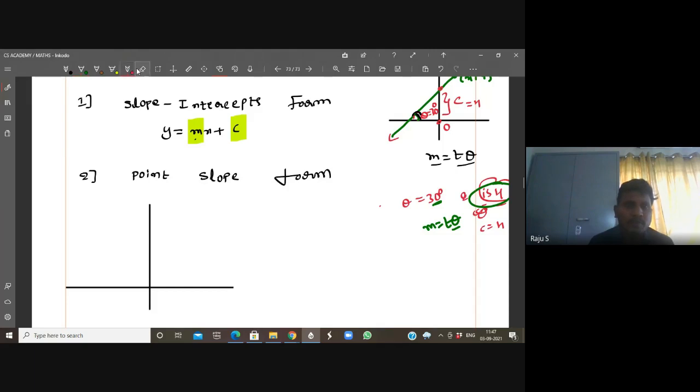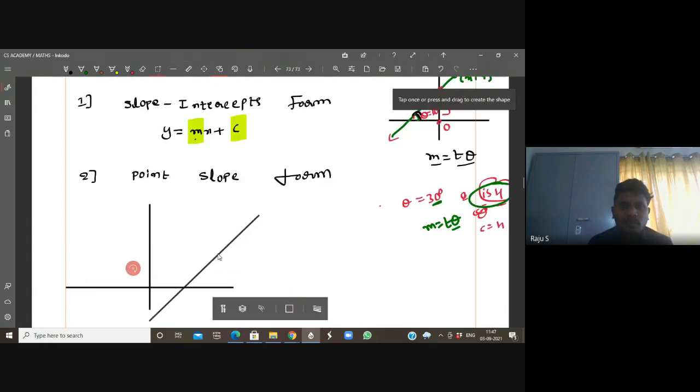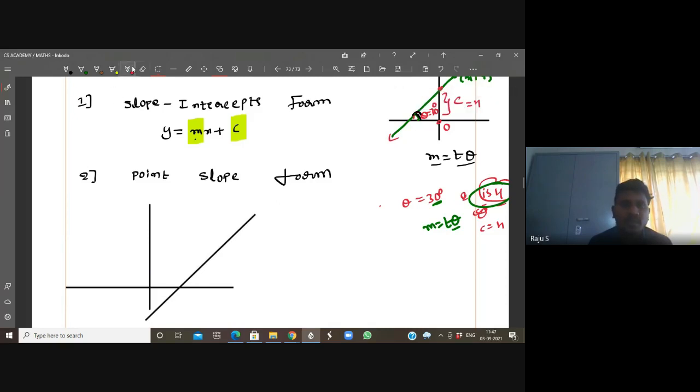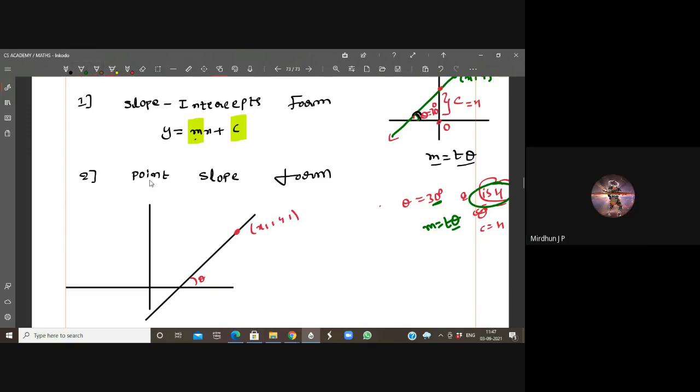Point slope form is very simple, students, but instead of the y-intercept, they may give some other value. I'm going to take the line like this. This is the given line, and I want to find its equation. For that, theta is given. It may be 30 degrees, 40 degrees, 45 degrees, 60 degrees, like that. This line also passes through the point x1 comma y1. We can use m is equal to tan theta equal to y2 minus y1 by x2 minus x1.